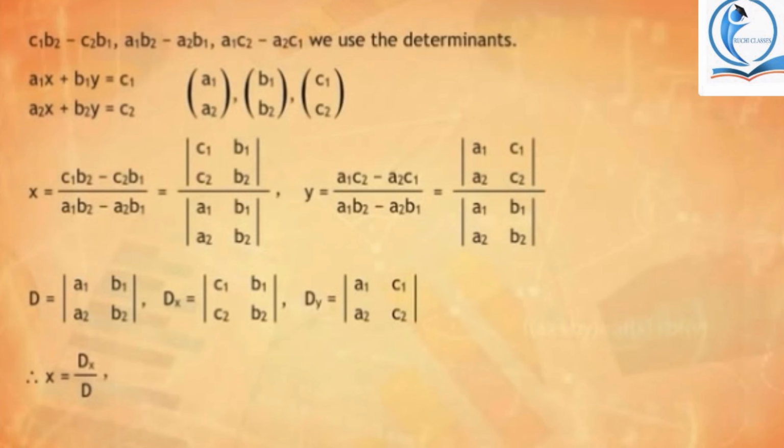Therefore, x is equal to Dx upon D, y is equal to Dy upon D. For writing D, Dx, Dy, remember the order of columns a1, a2, b1, b2, c1, c2.